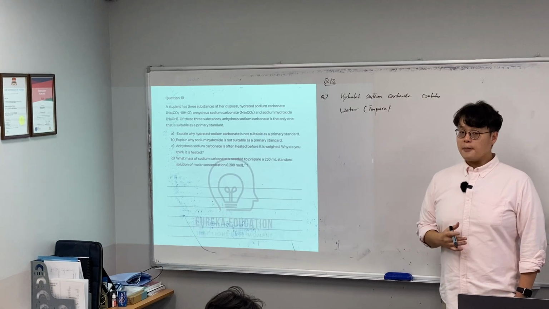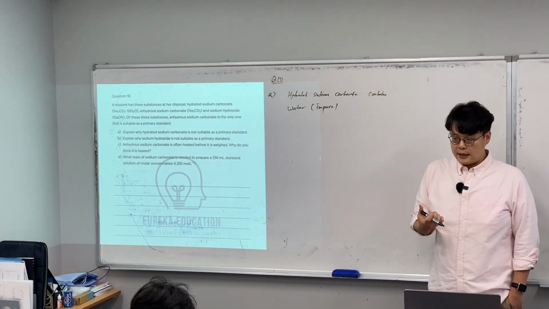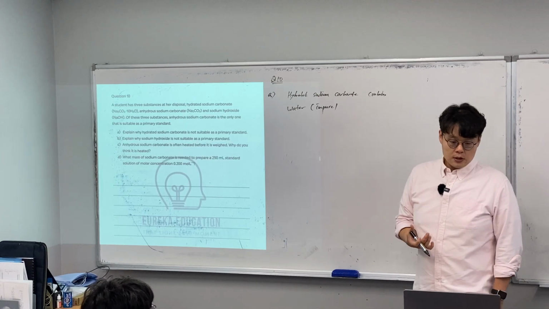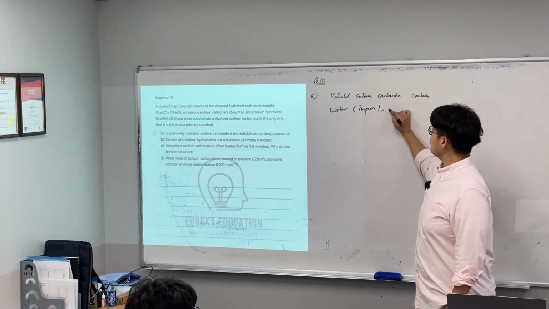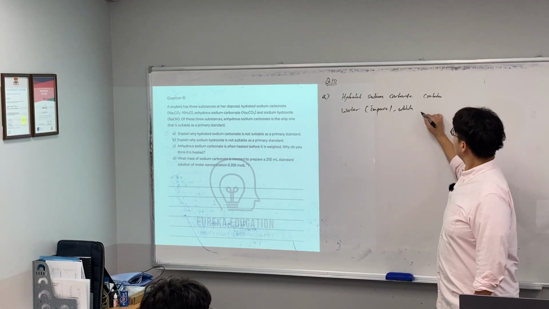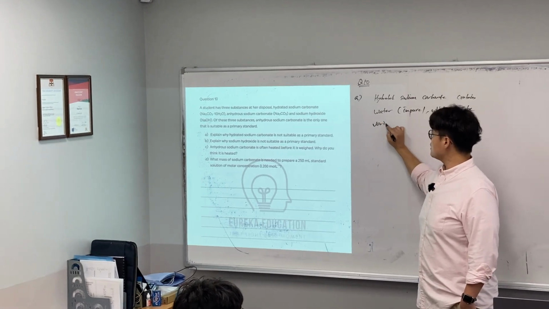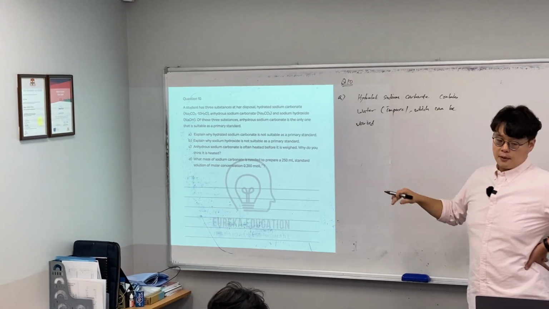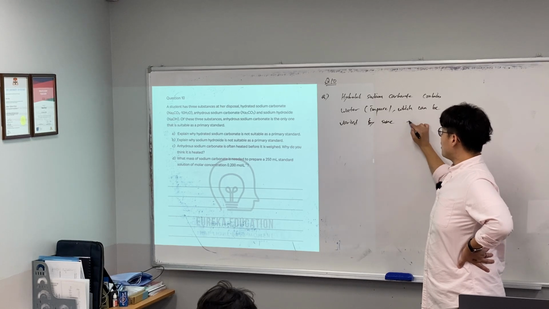Impurity means that we can't get the exact concentration due to the impurity. And this can also be varied by some environmental factors.